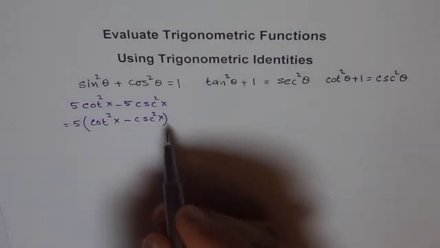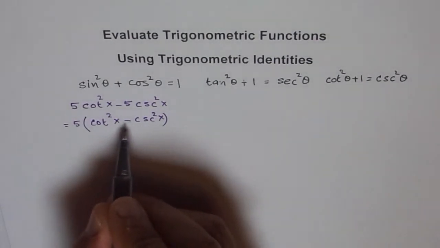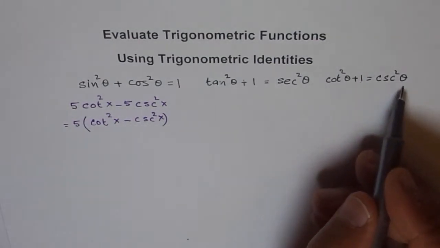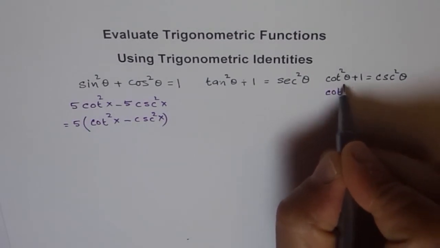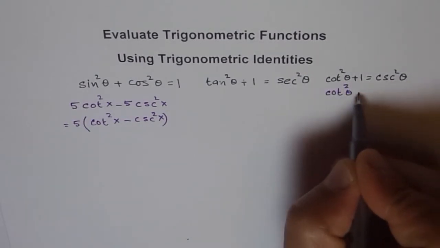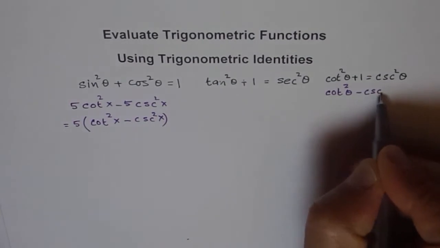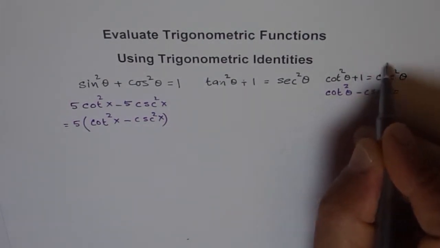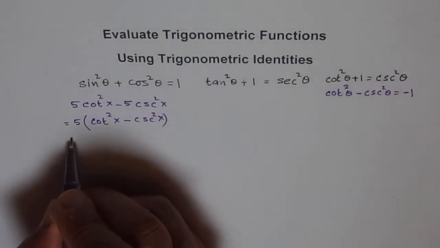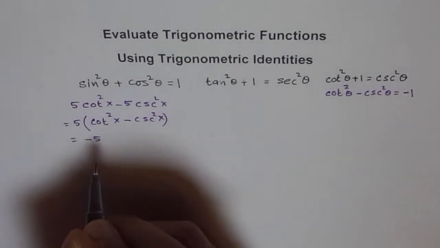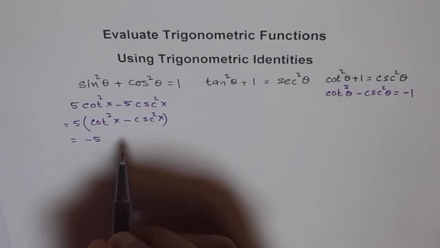For x also it is the same thing. So this inside thing is equal to minus 1. I'm replacing this with minus 1, and so I get minus 5 here. So you see how we rearranged and got our answer, correct?